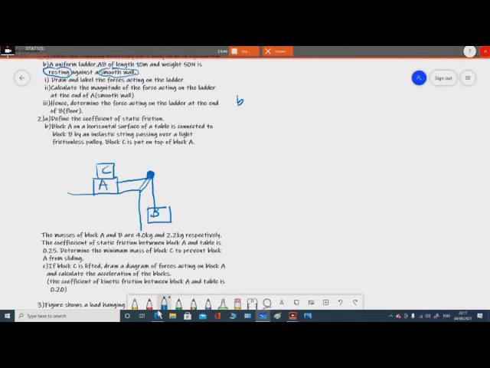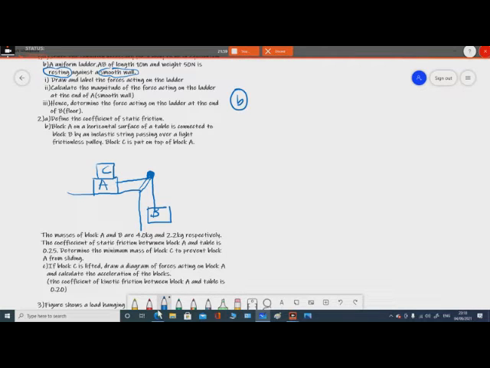Part B. Block A on the horizontal surface of the table is connected to block B by an inelastic string over a light frictionless pulley.